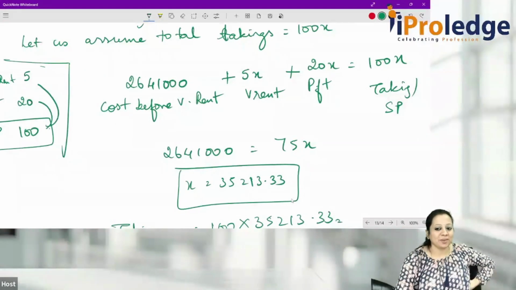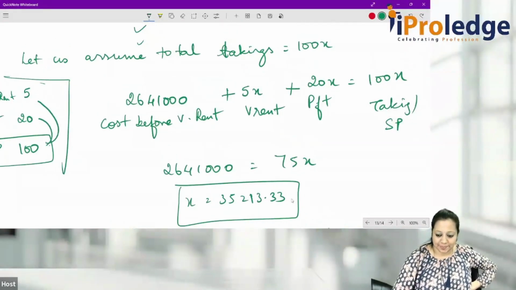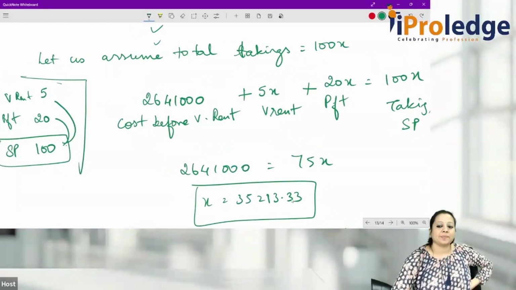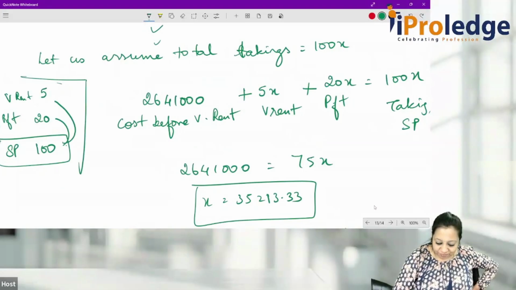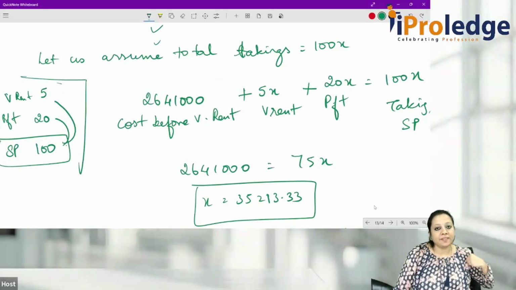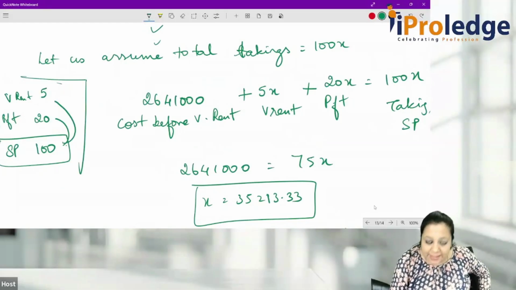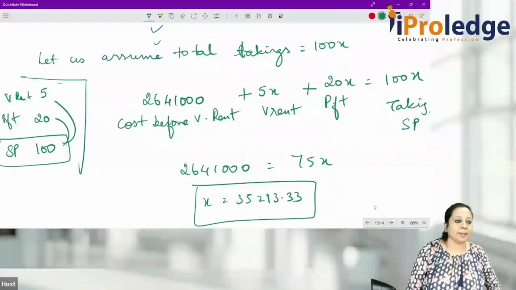No problem. I don't know from where you want to write. So it's this part. Yes. So into 5, if you do, you're getting 1,76,067. Correct, students? Okay, let her finish and then we proceed.